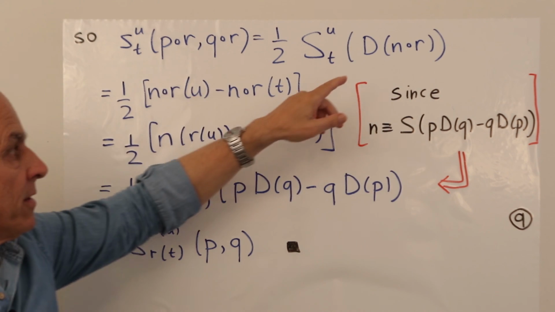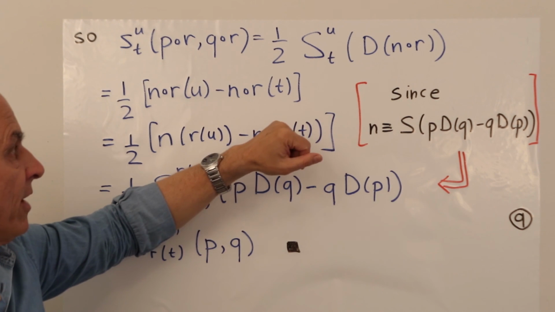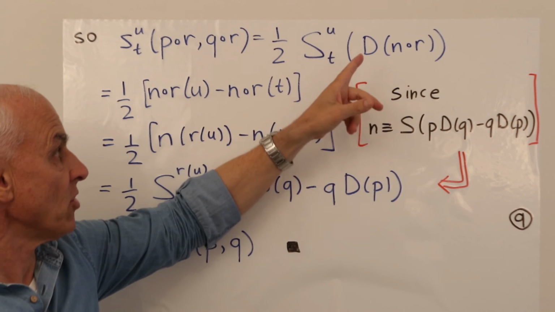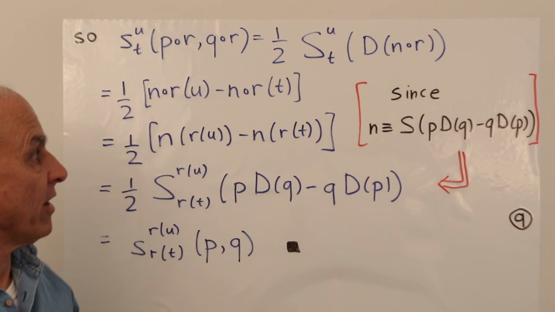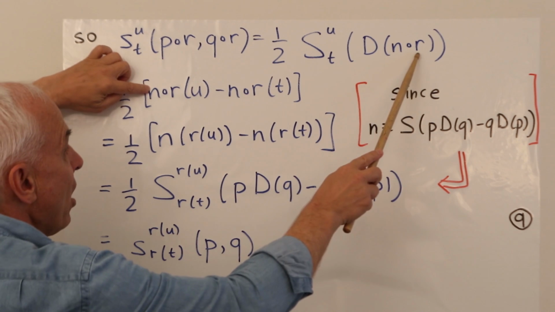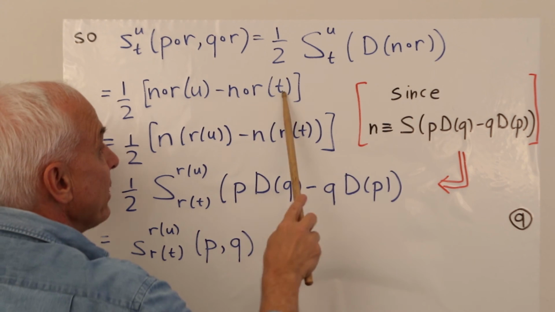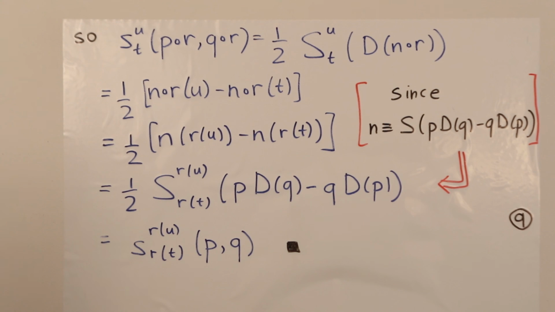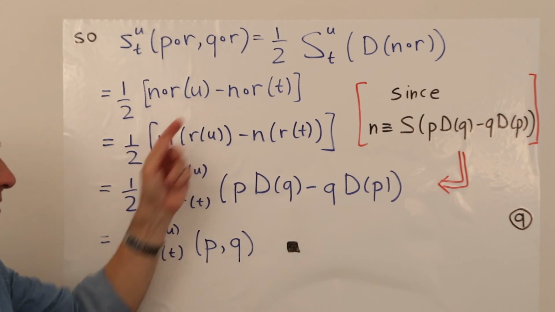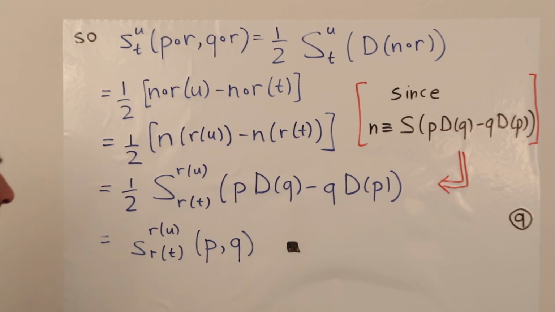But take the derivative, then an integral like this, it's basically giving you the original thing evaluated at the top number minus the value at the bottom number. So we get 1/2 of n circle r at u minus n circle r at t. But n circle r at u is n of r of u, because that's what the composition means. And here we're subtracting n of r of t.